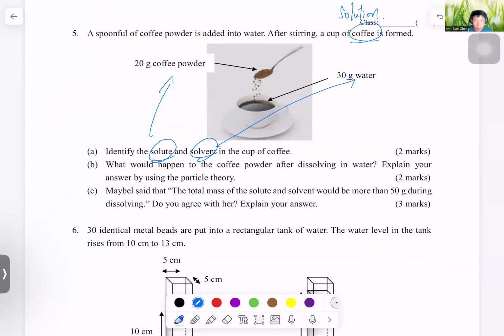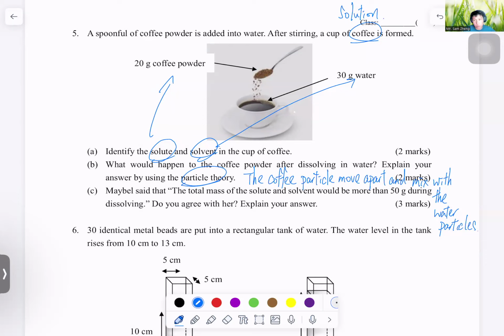When we talk about the particle theory, we are related to the coffee particles. The coffee particles will first move apart and mix with the water particles.